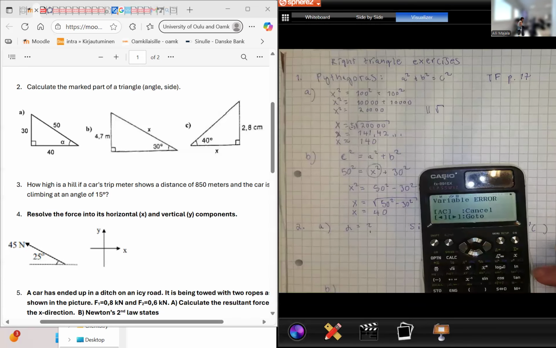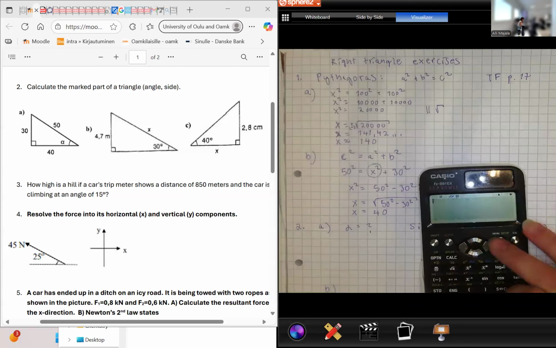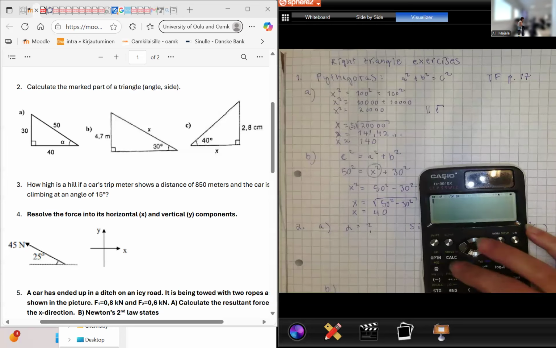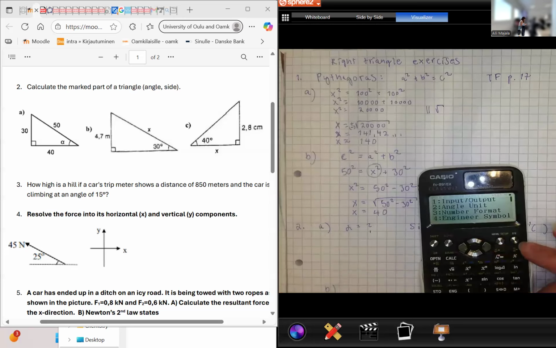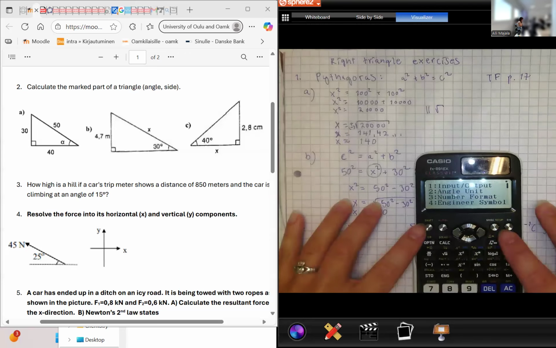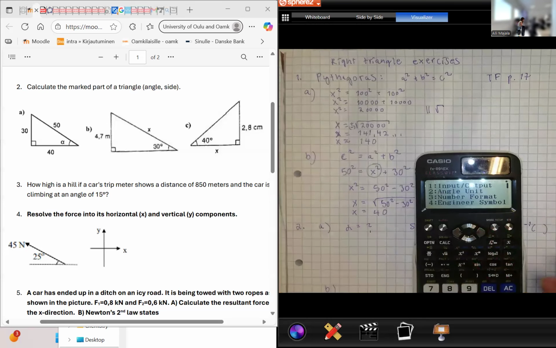No, it's not this. Yeah, it's this. So in mine, it's shift and setup, and then I can pick the angle unit.